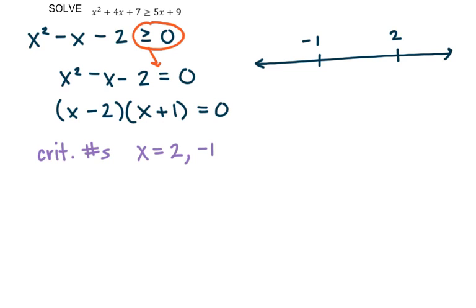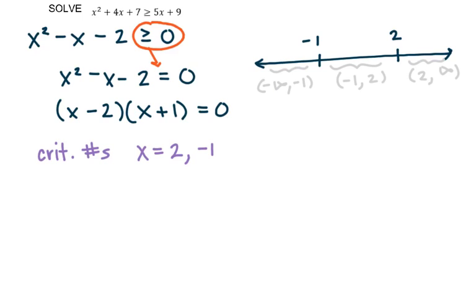At this point, we're going to choose a test value. I've plotted 2 points on my number line, and that has created 3 regions, 3 intervals. I have negative infinity to negative 1, negative 1 to 2, and 2 to positive infinity.